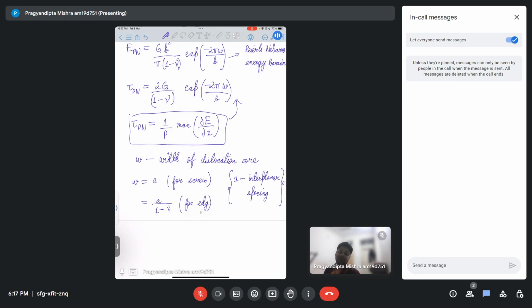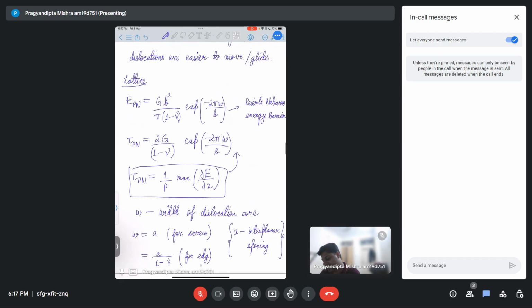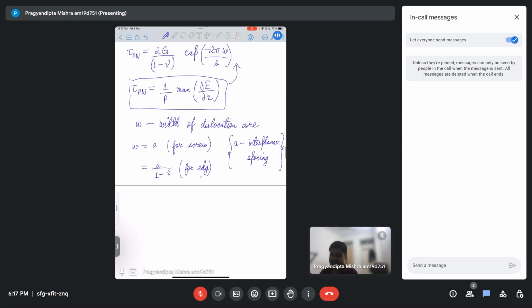So this gives you the resistance to dislocation motion by the lattice. If we want the resistance to be lesser, then A should be large, right? Interplanar spacing should be large.